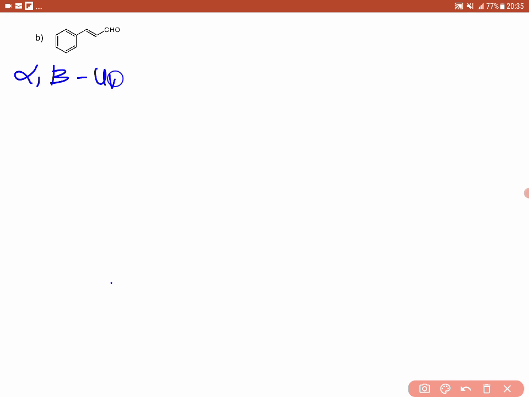That is an indication that the target molecule was synthesized using the aldol reaction.